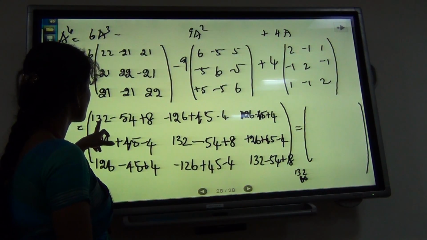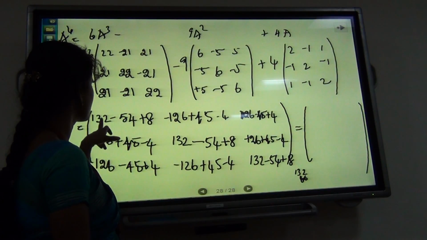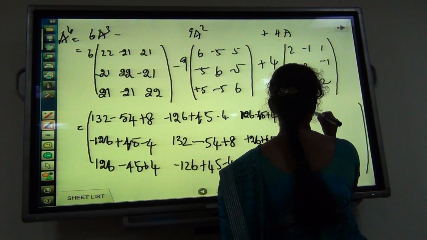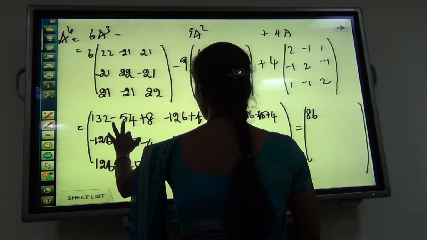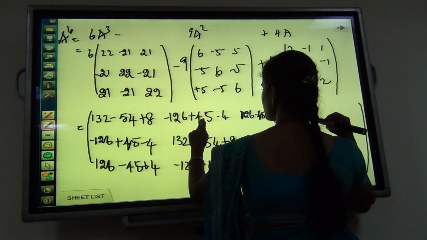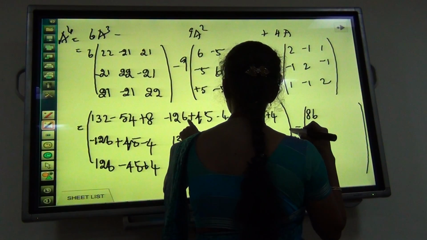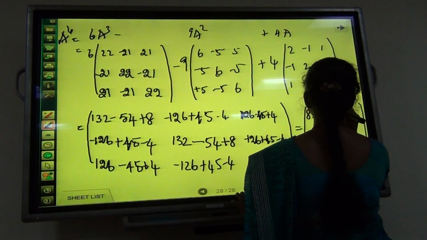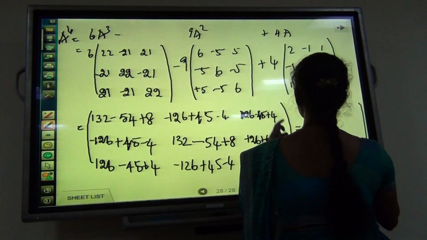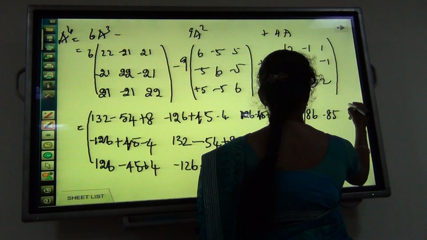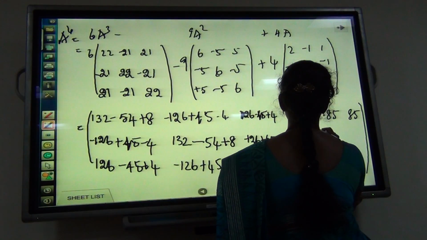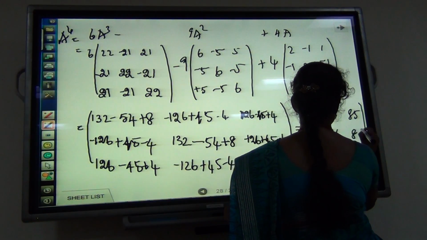As we subtract this 132 and add these two, we get 140. 140 minus 54 is going to be 86. And here when you subtract with this you get minus 130. 130 minus 45 is going to be 85. It's minus 85, and here it is plus 85. Here will be minus 130 plus 45 minus 85. This will be 86, 85 minus 85.